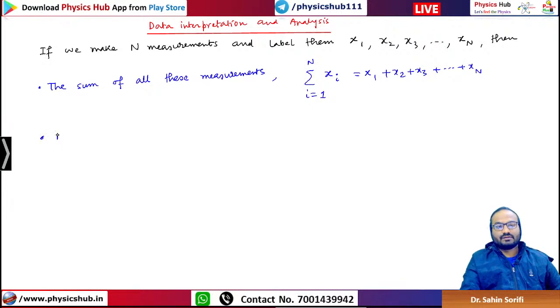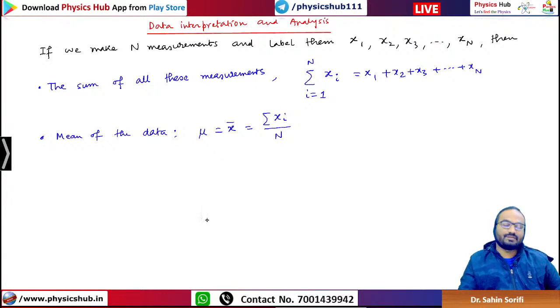Let us say if you want to calculate the mean of the data. What is mean? Mean is represented by mu, or sometimes by x average, x bar. This is equal to the sum of all the results divided by the total number of measurements.